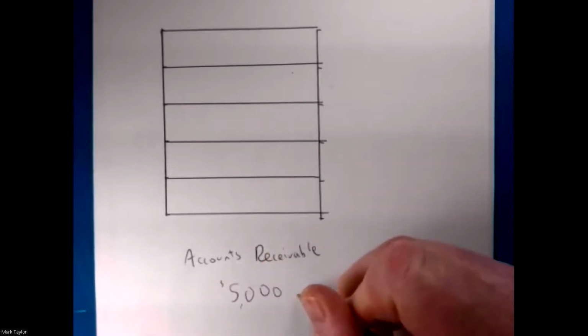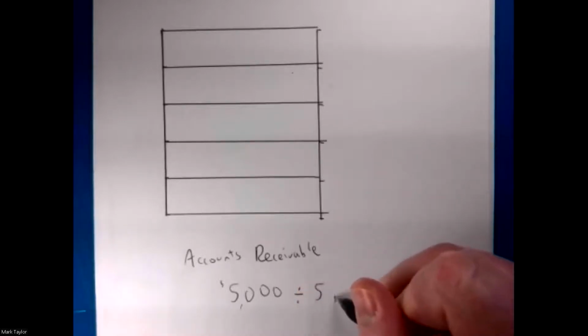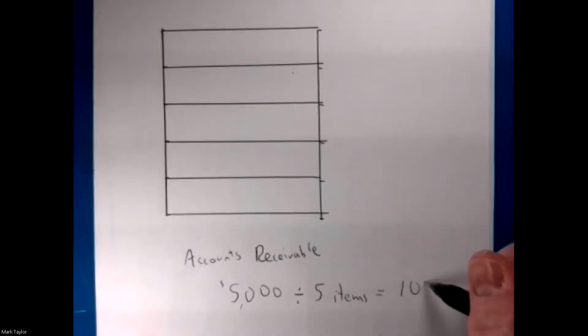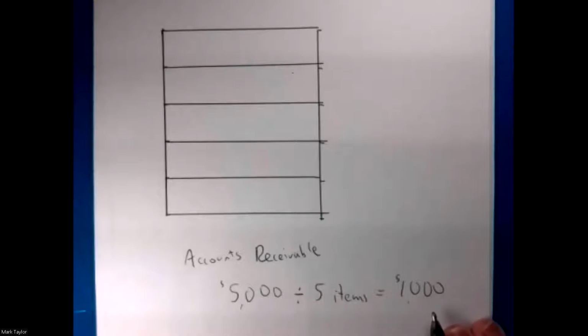We're going to break that up over 5 items. And so we're going to make this 5,000 into $1,000 chunks.